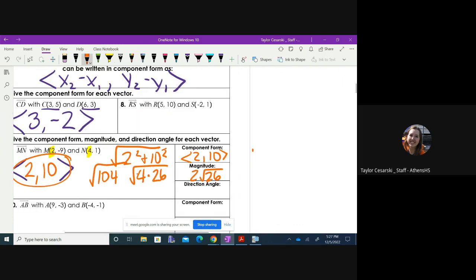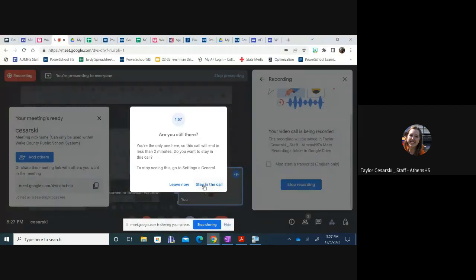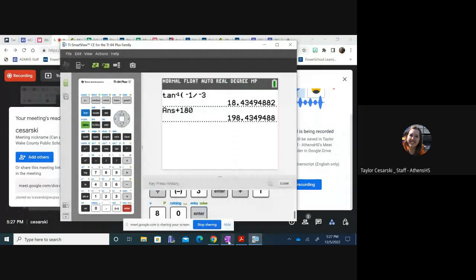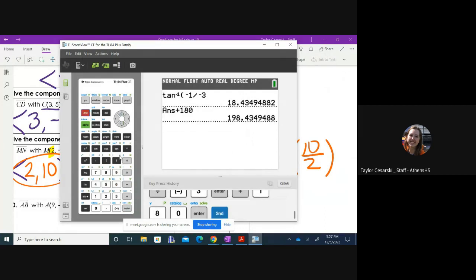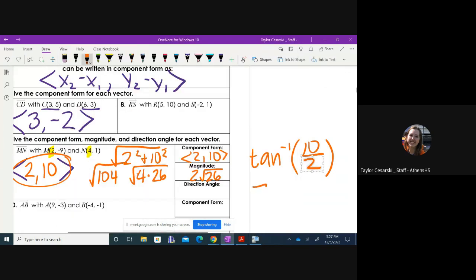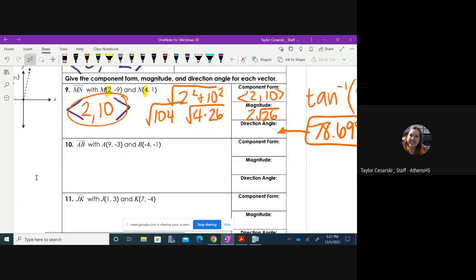All right, direction angle, tangent inverse of 10 over 2, or you could just type in 5 there, is 78.69 degrees. And because that's in the first quadrant, my vector's in the first quadrant, so we're good. That's my final answer. All right, let's look at number 10.